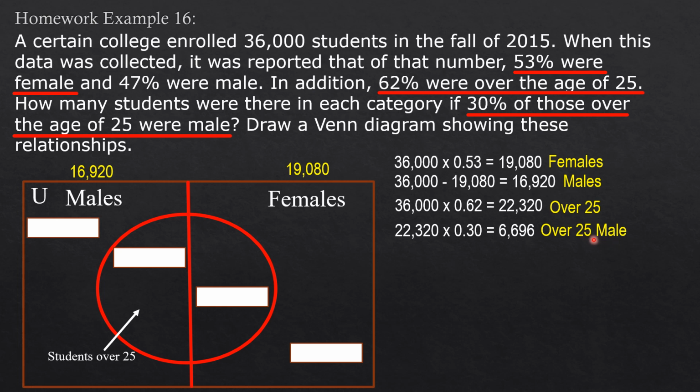This is my first answer for one of these boxes. So when I look at this box over here, inside of this circle are my students over 25, and the left box are the males that are over 25. And hallelujah, I actually have an answer. 6,696. So I'm going to put that number in there.